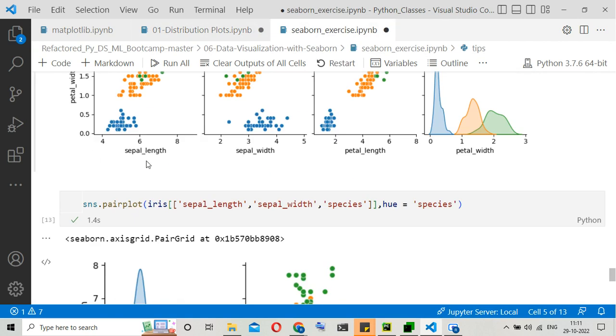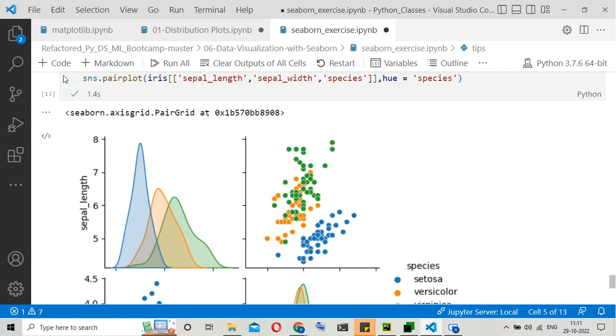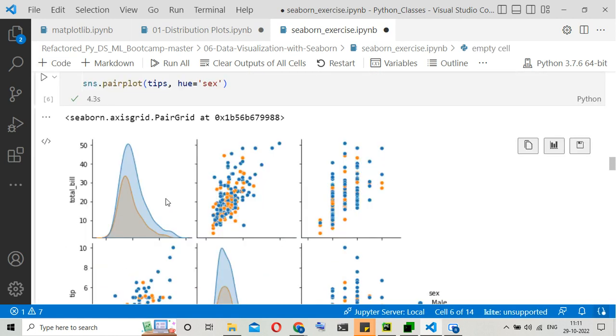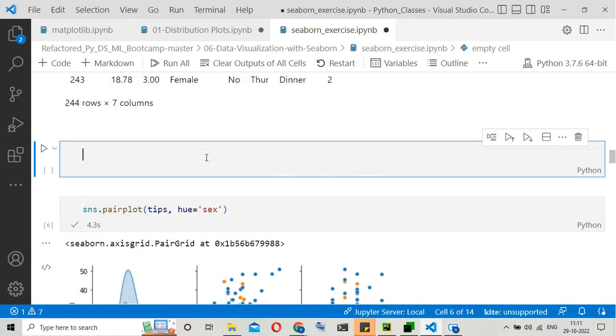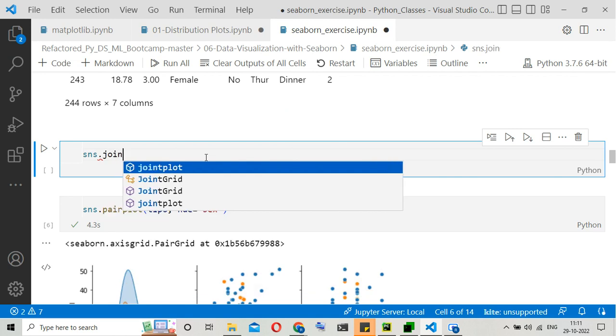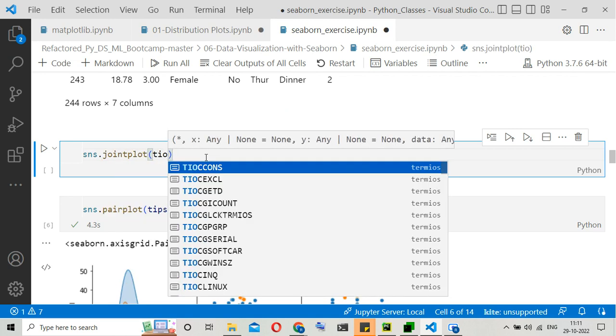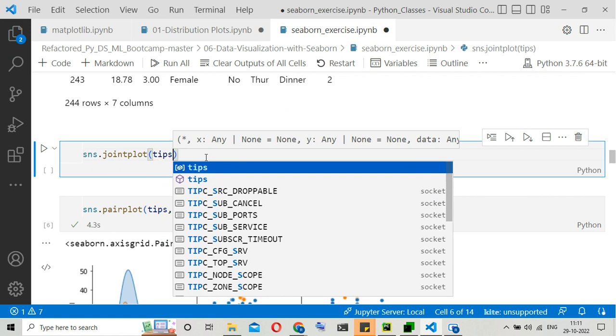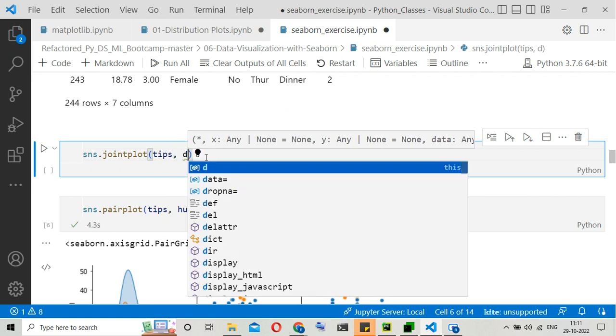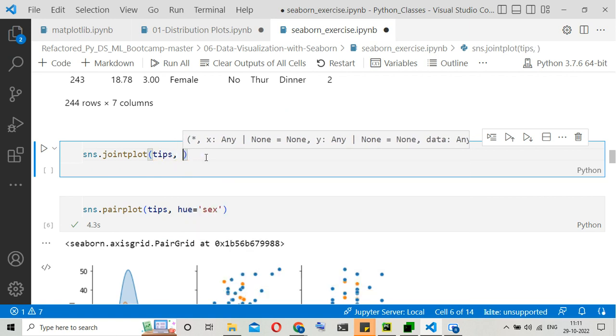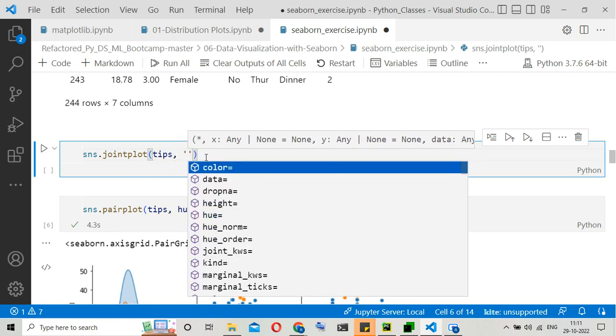In pair plot, that is a mix and match of everything, but you can do one by one also. That is sns.jointplot, and here you can pass the data set. Data we already passed. Then you can pass the column names. What is that?